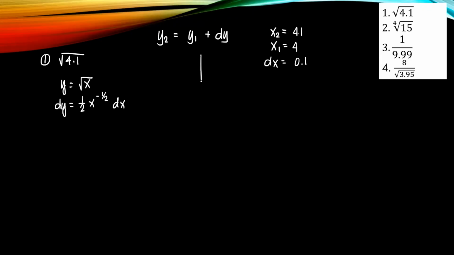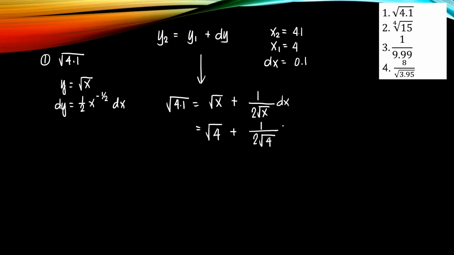Now let's go to the approximations, guys. The square root of 4.1 is actually the square root of x plus dy, but the dy is solved already. That's 1 over 2 square root of x dx as per the formula. Right? And then we plug in the exact values, guys: 1 over 2 square root of 4, and then the dx, which we were able to solve. You know that the square root of 4 is 2.